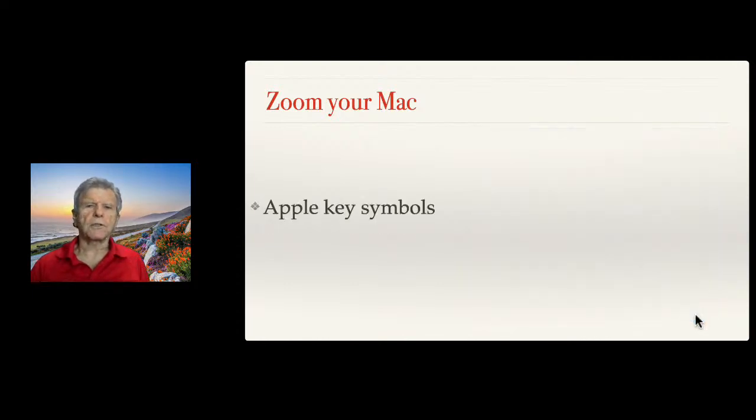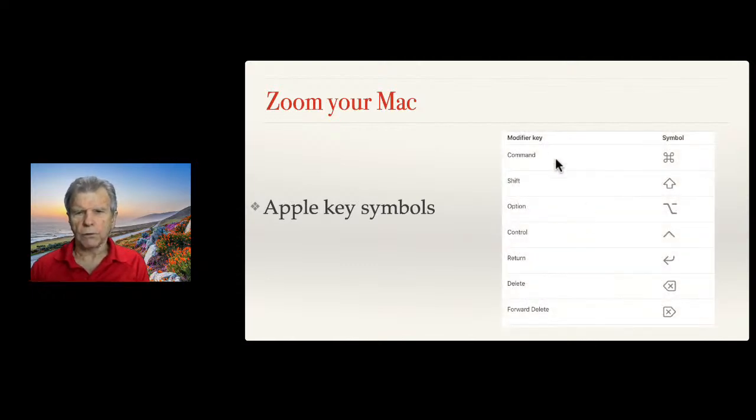Now let's take a little side trip here and talk about Apple key symbols. So we have in the left column the modifier key, and in the right column we have the symbol. So the command symbol you're familiar with, that's the command key, which is located on both sides of your space bar. Then that's the cloverleaf symbol.